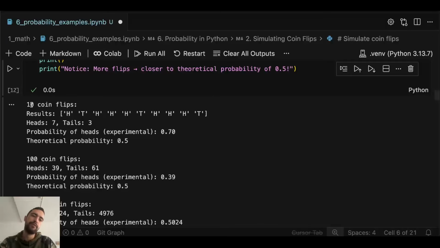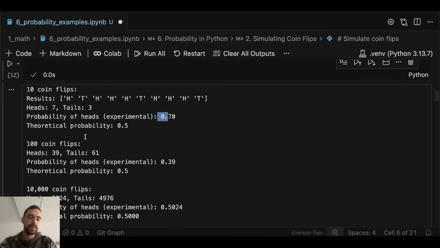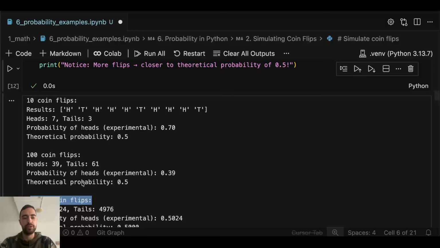Here, if we flip the coin 10 times, we get 7 times head, 3 times tails. So theoretical probability is 0.5, but actual probability, measured I should say, is 0.7 or 70%. But as we flip more coins, the measured probability will get closer and closer to theoretical.